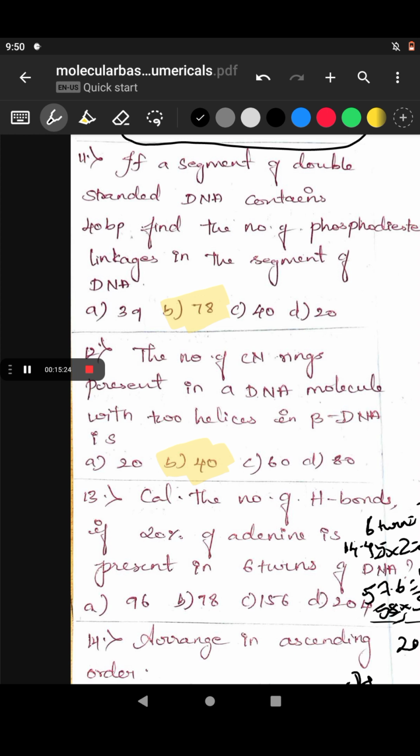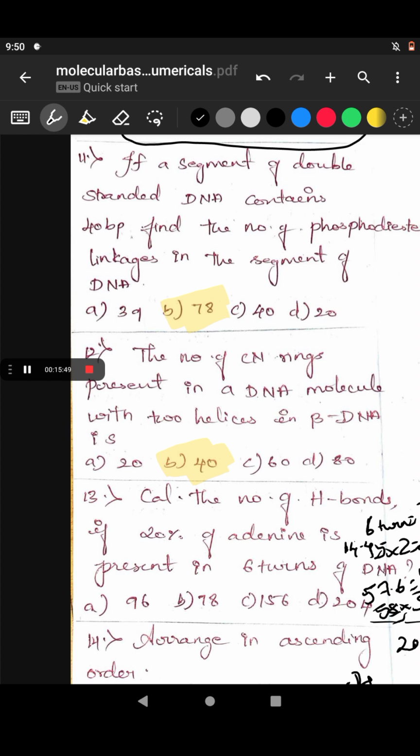Now here it is 40 base pairs. Within 40 base pairs, there are nucleotides in both the strands. So they would be having 80 nucleotides.